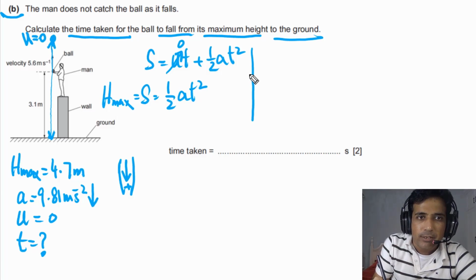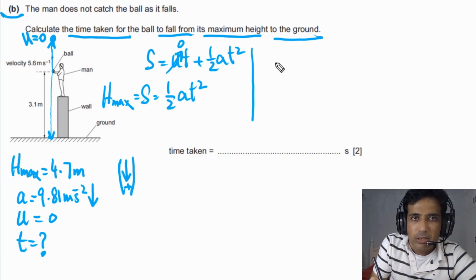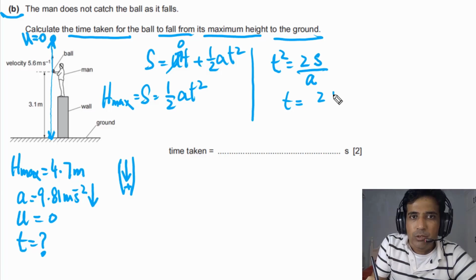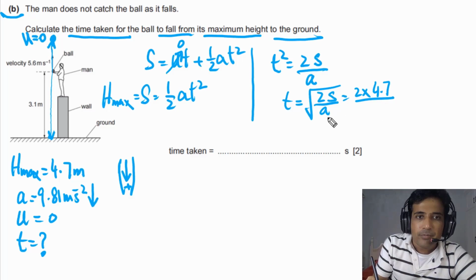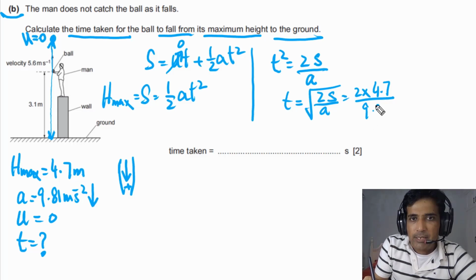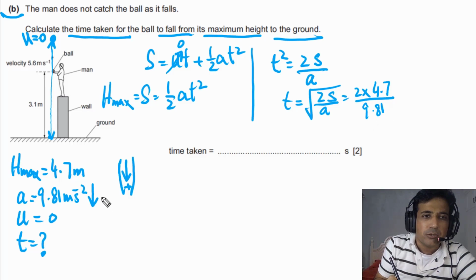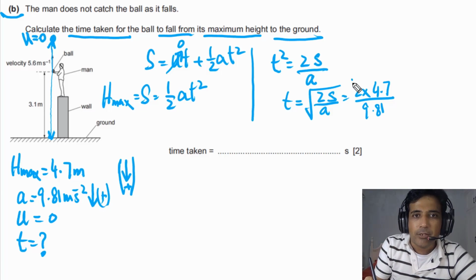Now we need to find the value of t, so we can rearrange this. t squared will be equal to 2s divided by a, or t will be equal to the root of 2s divided by a. The value of s is 4.7 meters and a is equal to 9.81, and this is positive because we are taking the downward direction as positive.